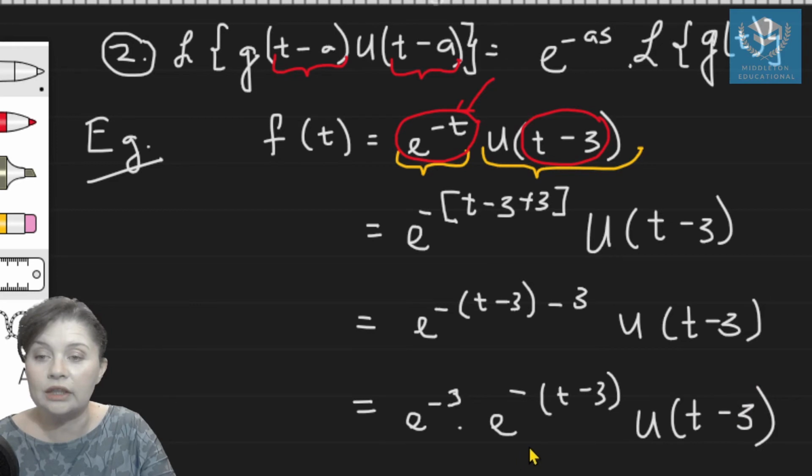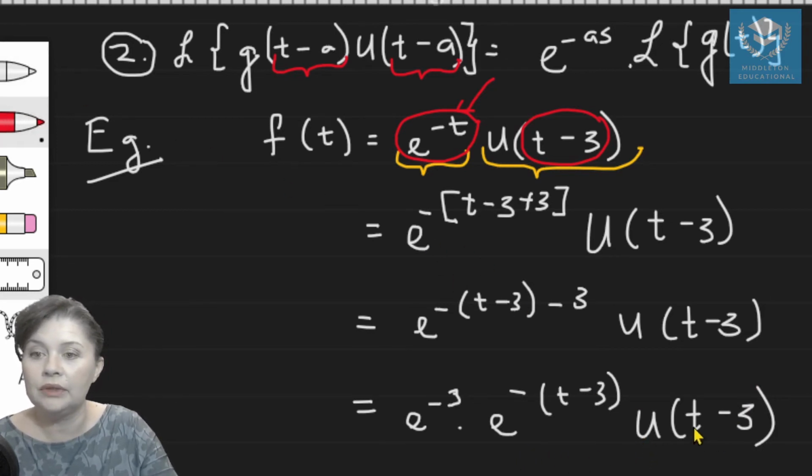Now let's look at the form that we've got here. We have t minus 3 in the Heaviside step function. We have a matching t minus 3 in our exponential function, which is in front of our Heaviside step function.